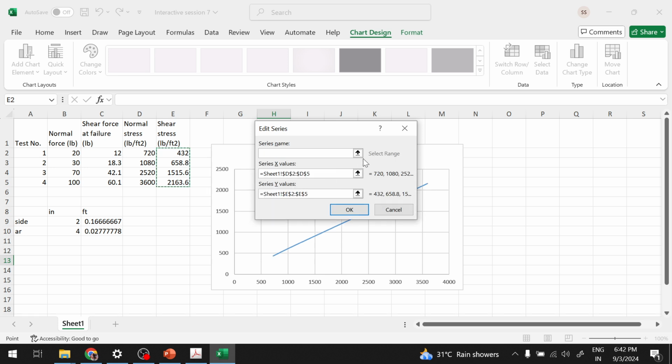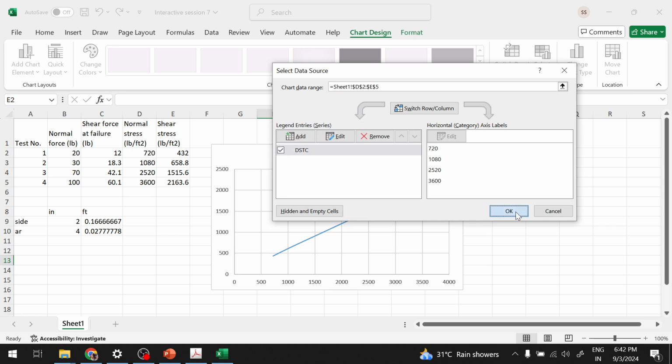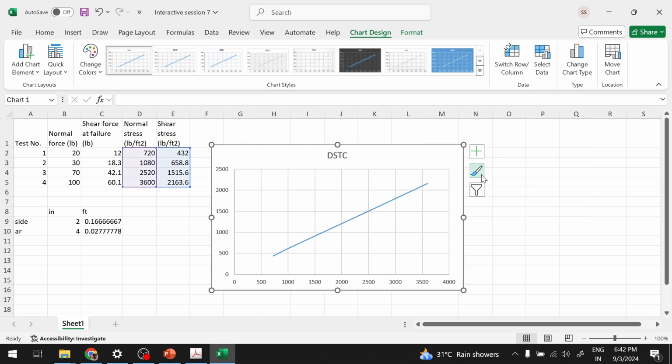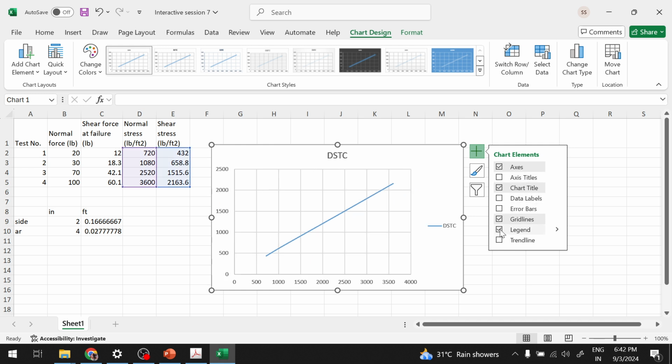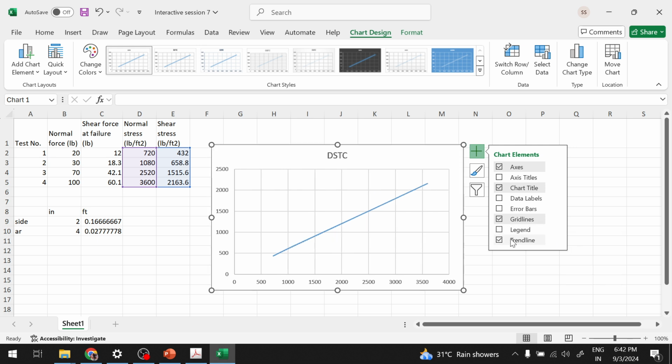Let's call this direct shear test curve. Okay, and let's now draw a trend line. Not the legend, the trend line.